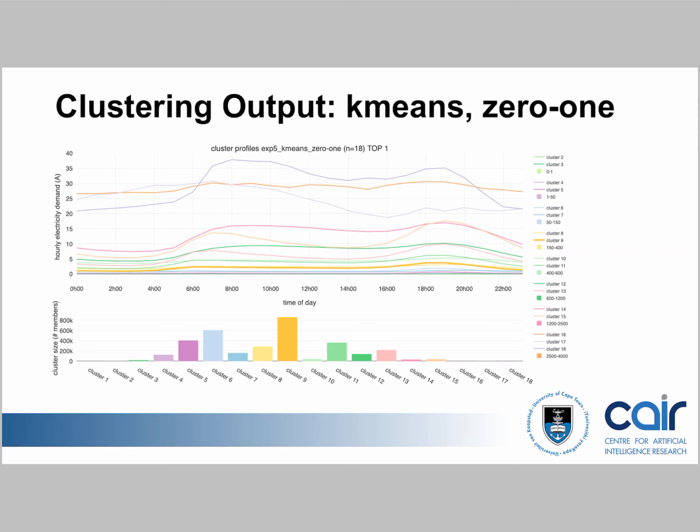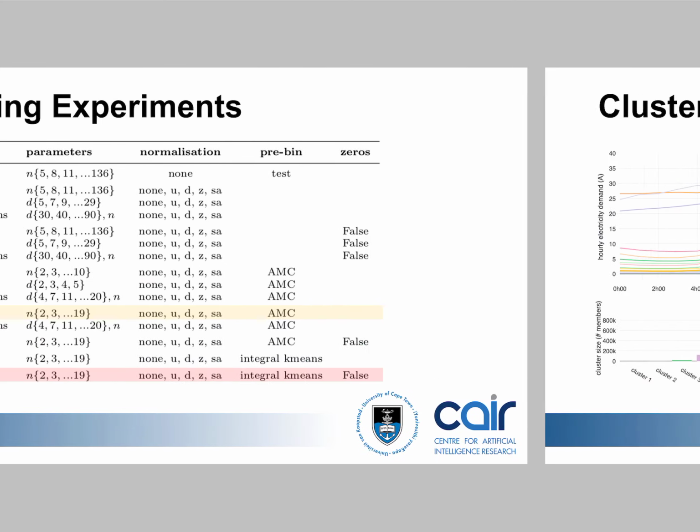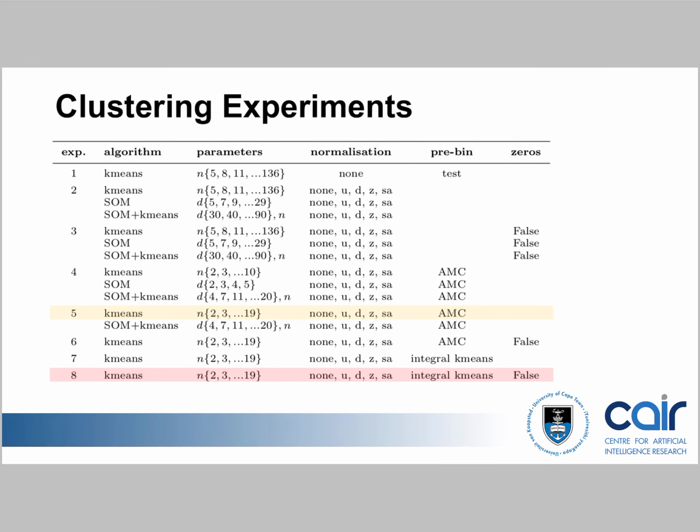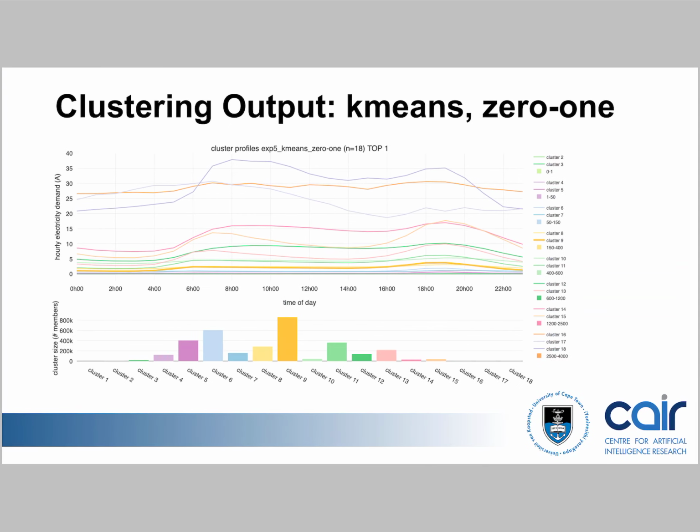The typical clustering output that we got, let me just go back one slide. I've highlighted here in yellow and in red two experiments that I'll continue making reference to as we go along. What you see here, highlighted in yellow, is experiment 5, kmeans normalized with 0, 1.